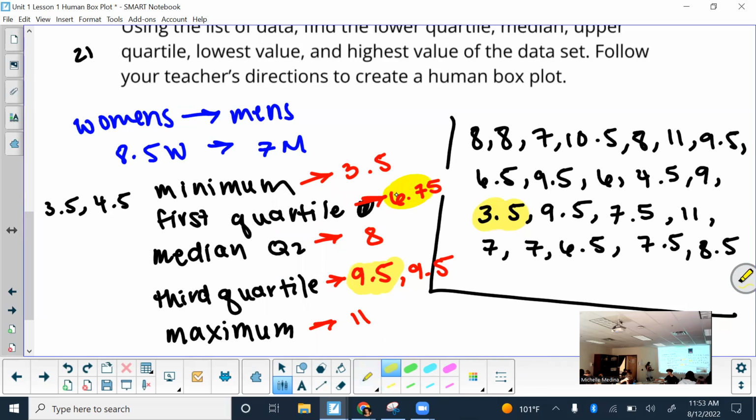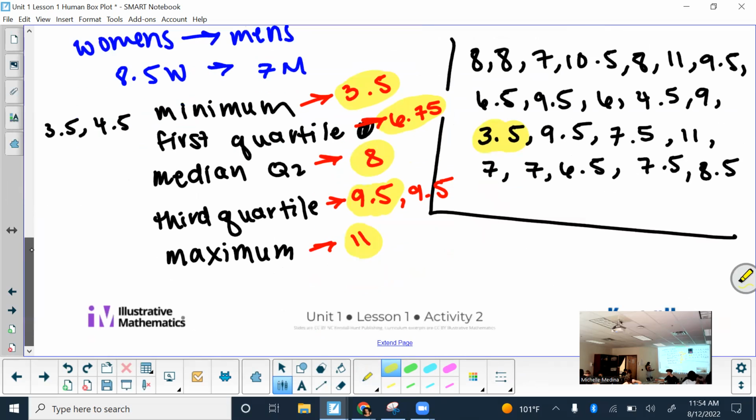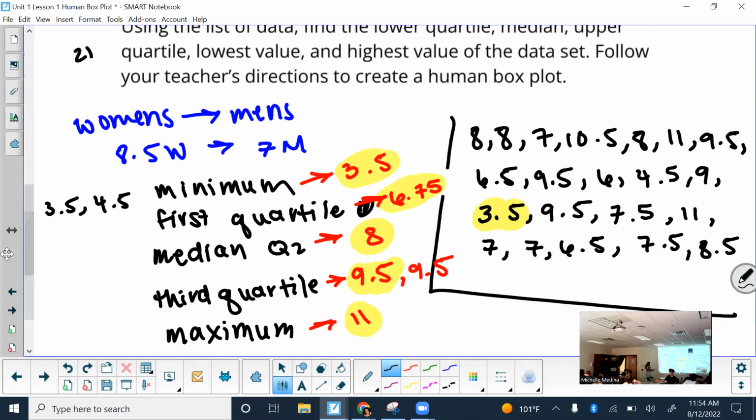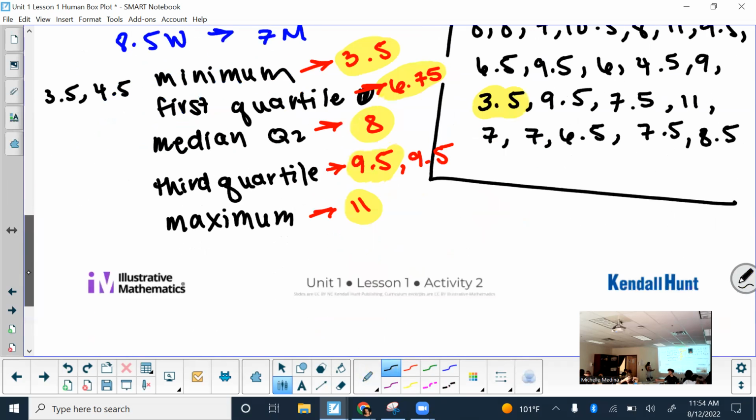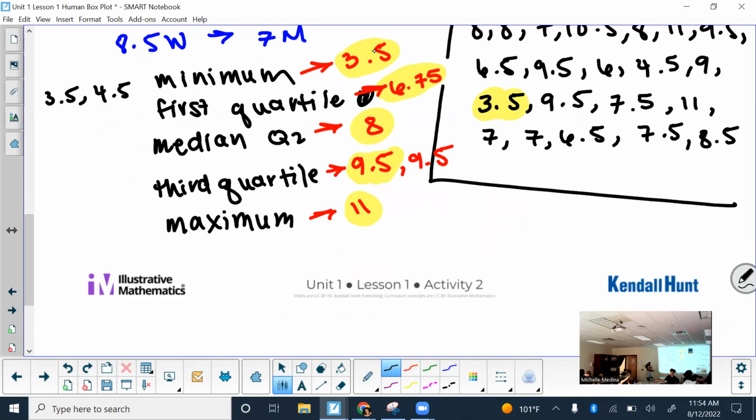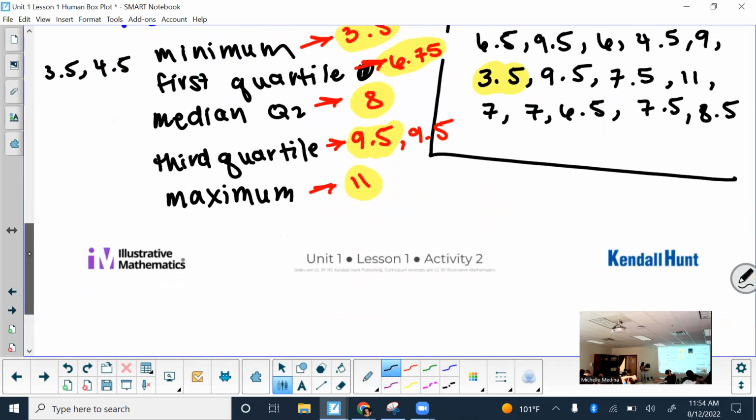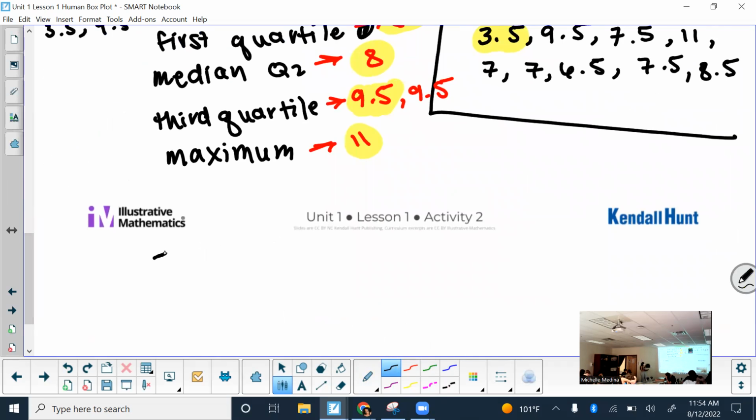All right. So questions on our data. So we're on a box plot, and actually since our minimum is 3.5 and our maximum is 11, how big should we make our number line? Like, what number do you think we should start at?